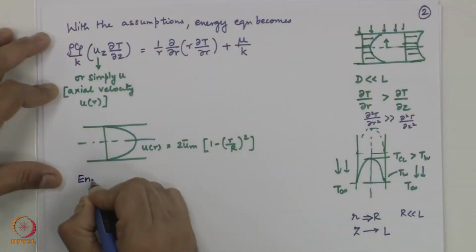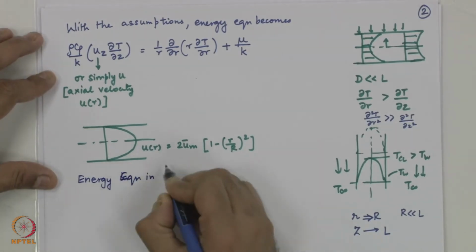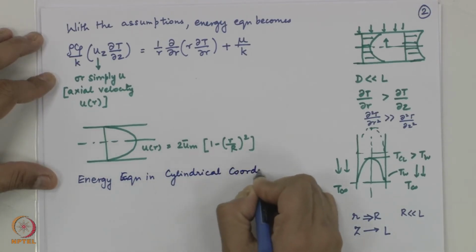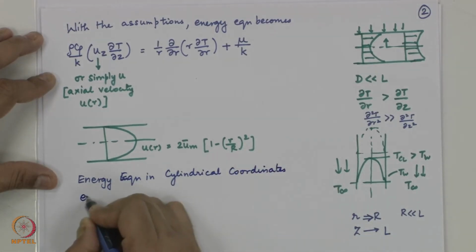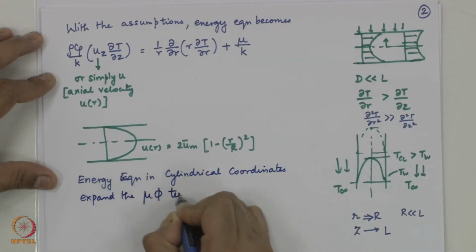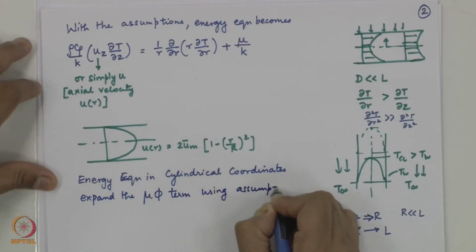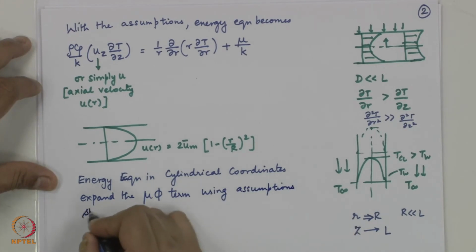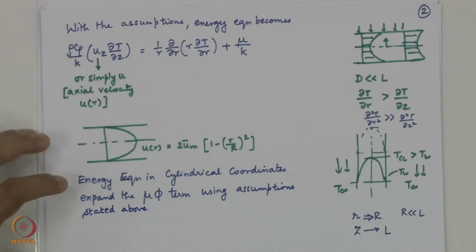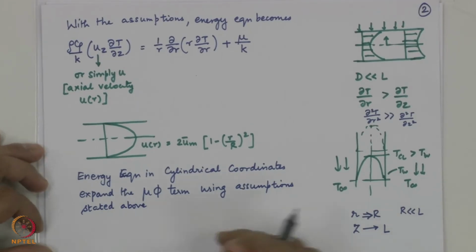Look at the energy equation in cylindrical coordinates and expand the viscous dissipation term using the assumptions stated above. This can in fact be an exercise that you can give your students: look at the viscous dissipation term and simplify it for this problem.